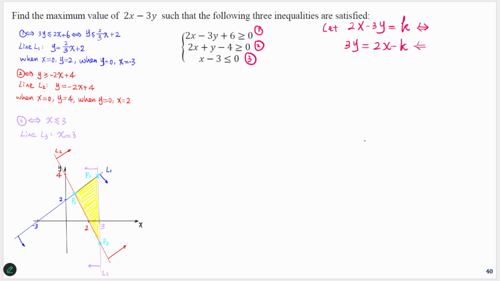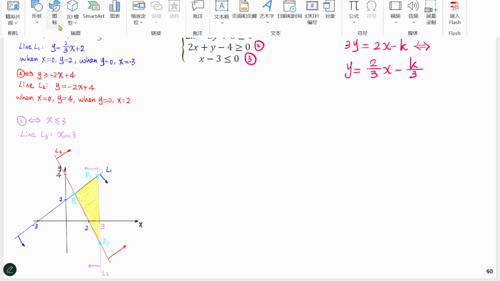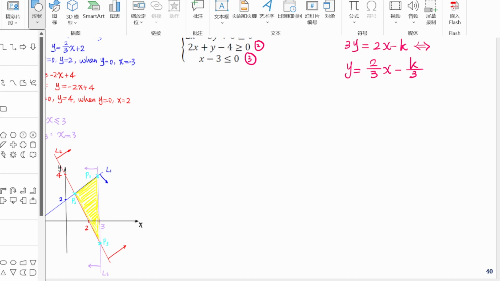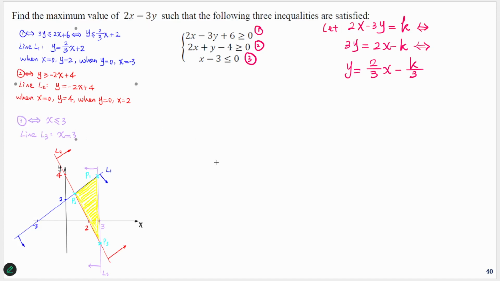They are equivalent, and equivalent to y equals 2/3 of x minus k over 3, right? So this is actually a line with slope 2 over 3. So basically, you have a slope slightly lower than 1. It's a line like this, right?